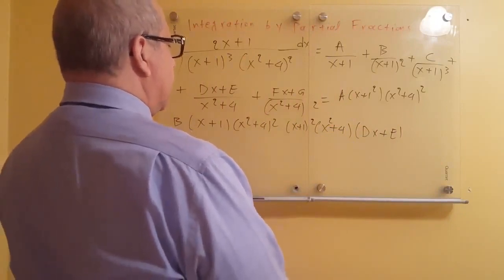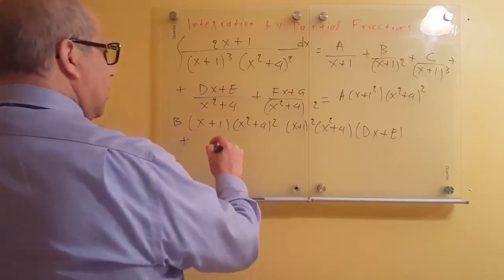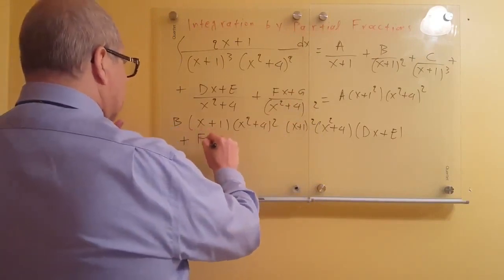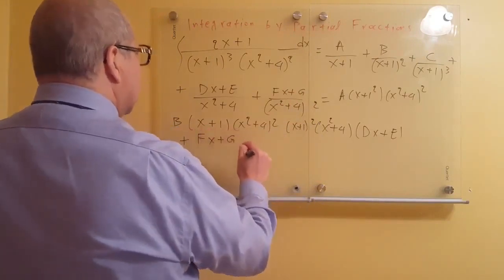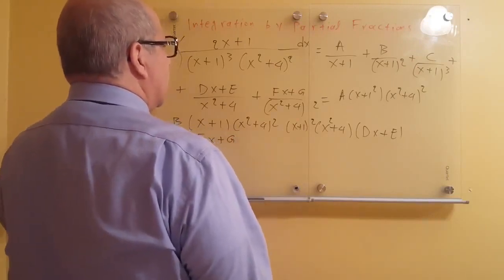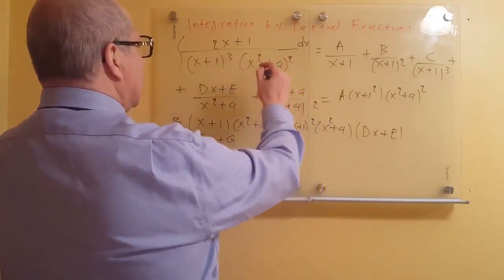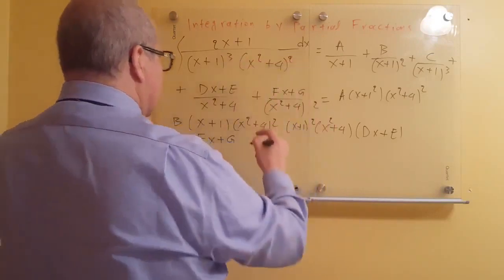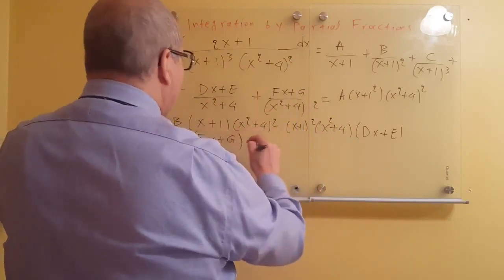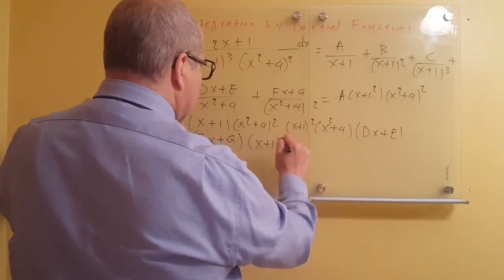And finally, we have this here, so that should be Fx plus G times, if we multiply by the least common denominator, this will cancel and we'll only be left with x plus 1 to the third.